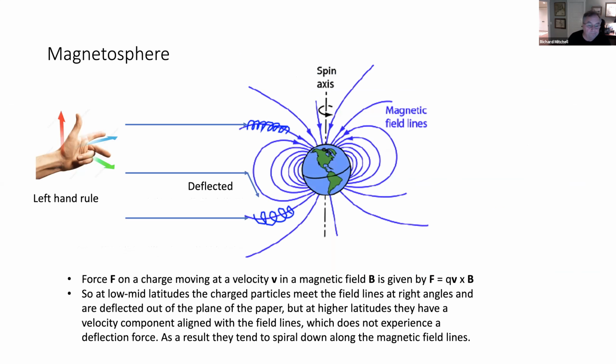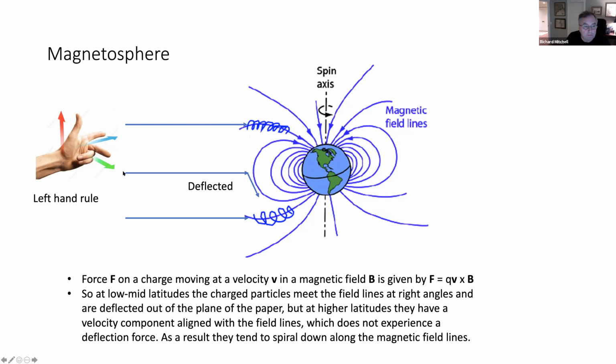The force on a charge which is moving in a magnetic field is the vector product of the velocity vector, which is this direction, and the magnetic field vector, which is these field lines. And that's given by the left-hand rule. If you point one finger in the direction of movement, one in the direction of the field, the other one will give you the direction of the force. You can see they're all at right angles.